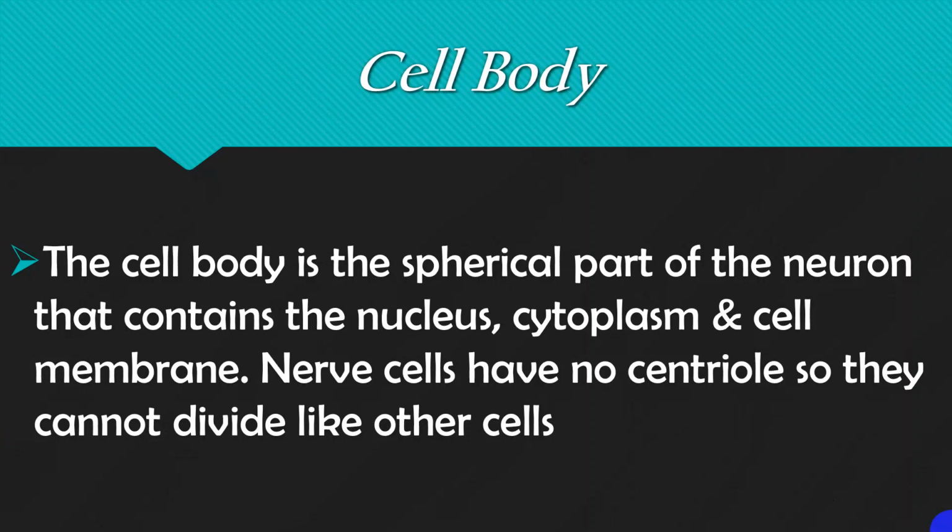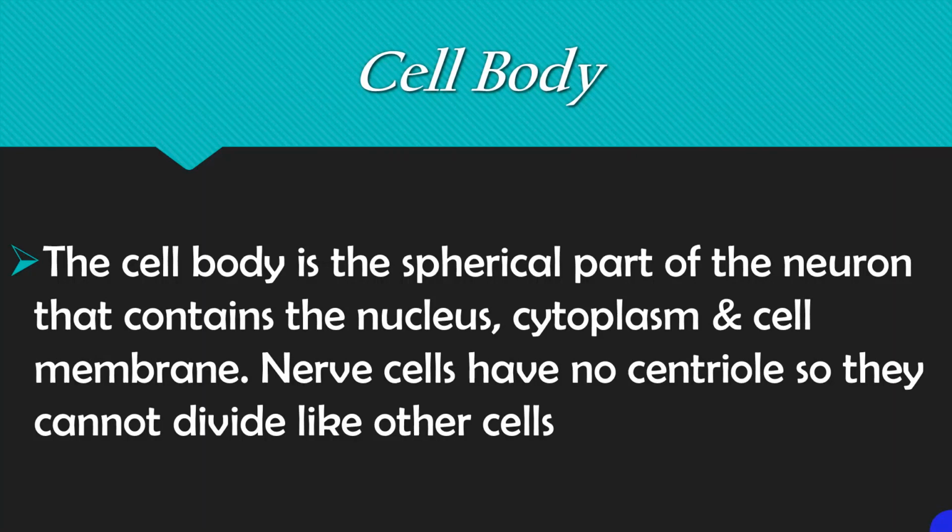The cell body is the spherical part of the neuron that contains the nucleus, cytoplasm, and cell membrane. Nerve cells have no centriole, so they cannot divide like other cells. The cell body is the main part of the neuron. The cell body may be different shapes, for example, round, oval, or star shaped.